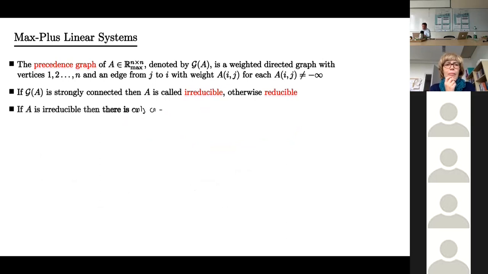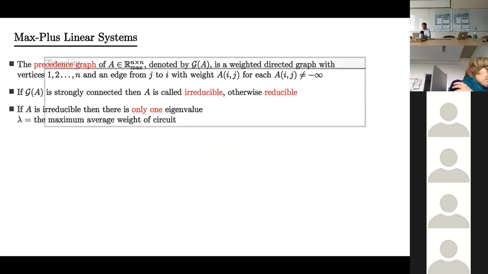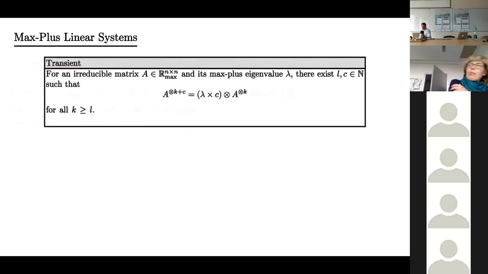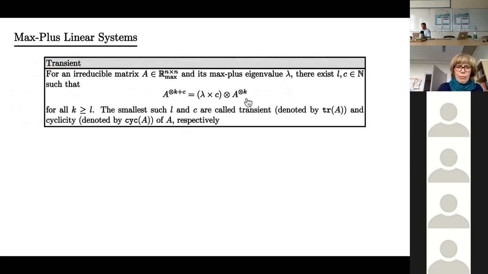The eigenvalue of an irreducible matrix is always unique and equal to the maximum average weight of circuits, a path in the precedence graph that starts and ends at the same node. For an irreducible matrix A and its eigenvalue lambda, when we take the power of A, there exist L and C such that this condition holds. The smallest values for such L and C are called the transient and cyclicity, respectively.